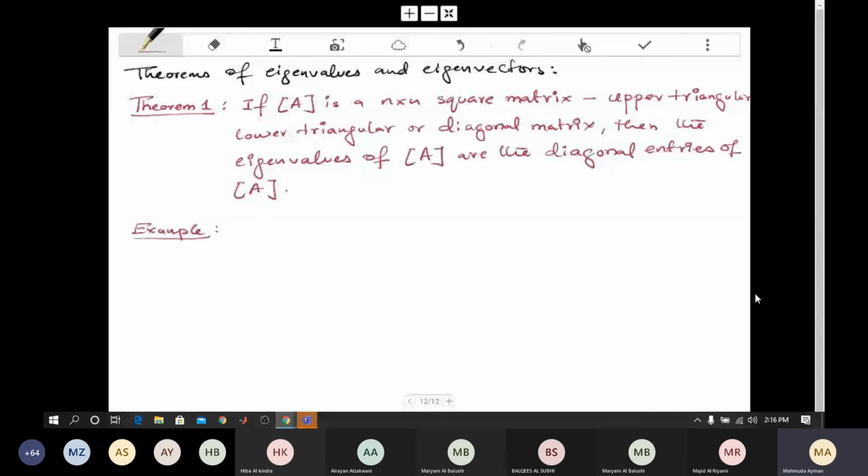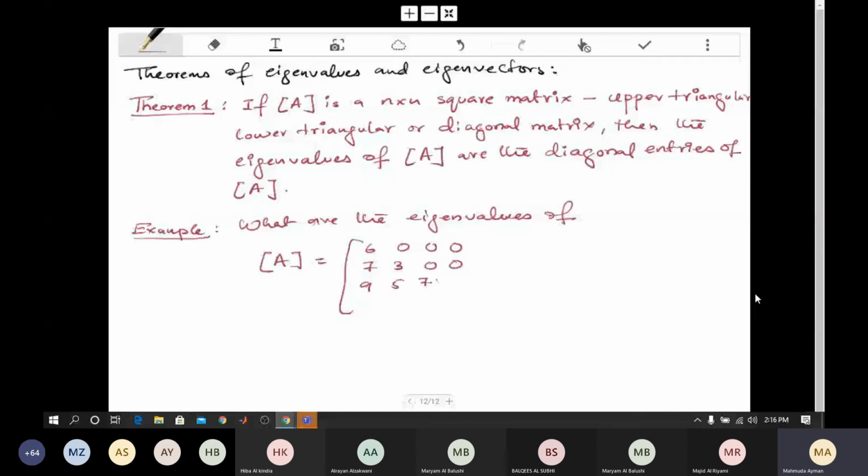What are the eigenvalues of this matrix given here, which is 6, 0, 0, 0, 7, 3, 0, 0, 9, 5, 7.5, 0, and 2, 6, 0, minus 7.2.